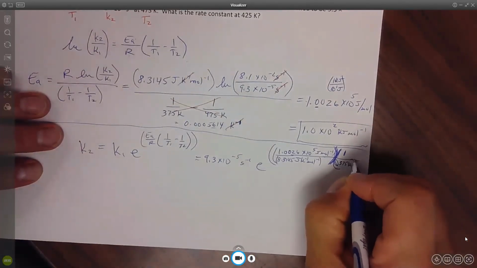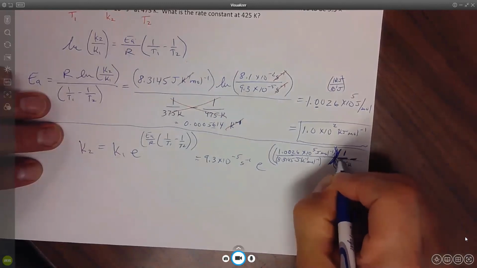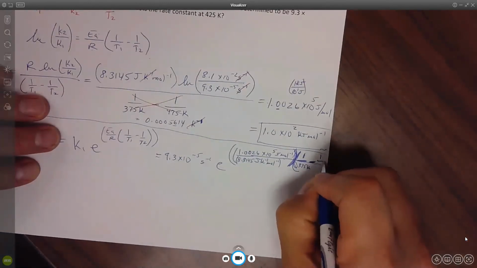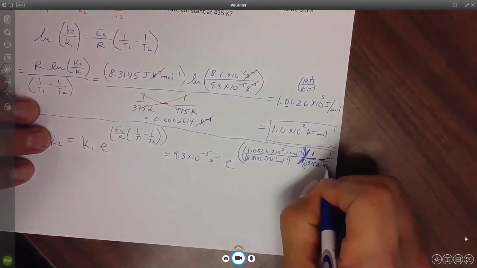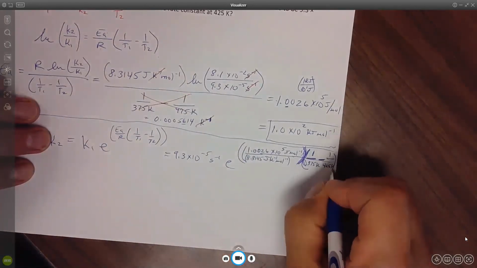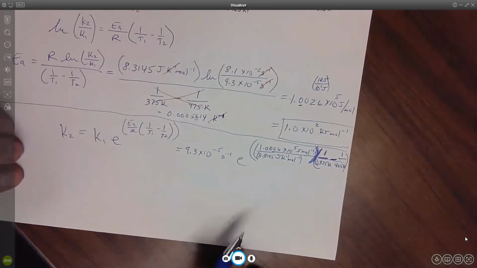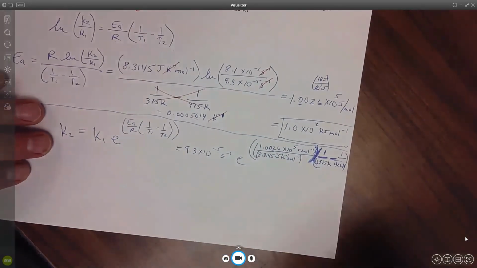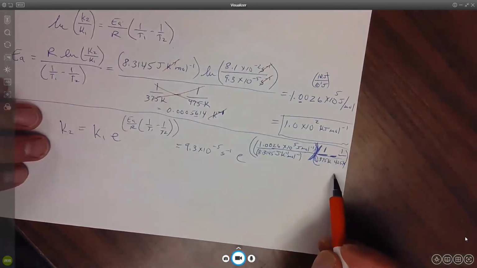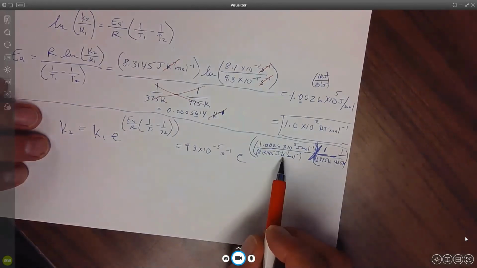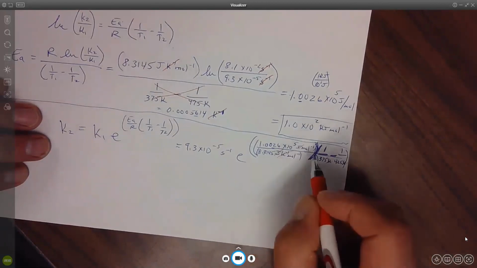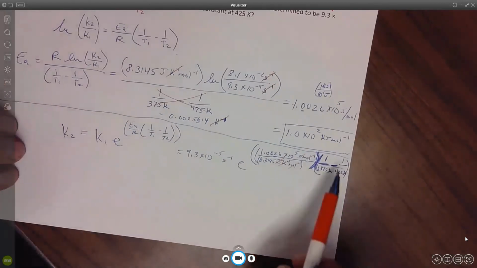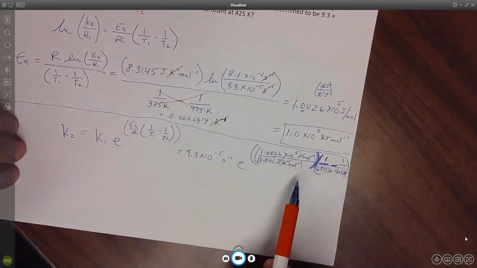Now I'm going to subtract from that 1 over our new temperature of 425 Kelvin. Remember, the EA is in joules per mole and R has a per Kelvin, so the Kelvins are all going to cancel, my joules are going to cancel, my per moles are going to cancel. That's good because this needs to be a unitless number.